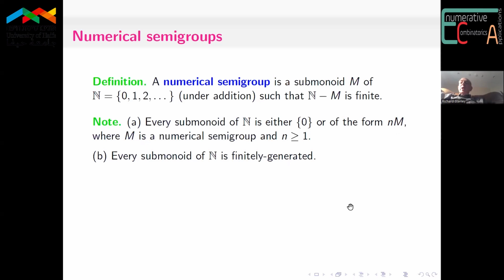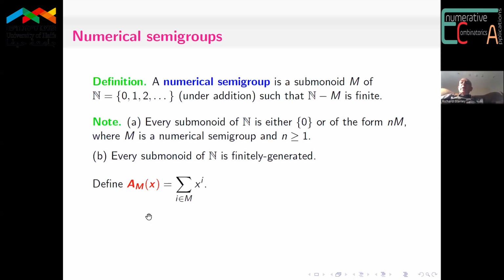We really don't have any loss of generality by restricting our attention to numerical semigroups rather than any submonoid. Also, it's well known that every submonoid of N is finitely generated. This is not true, for instance, for N squared, but it's true for N.